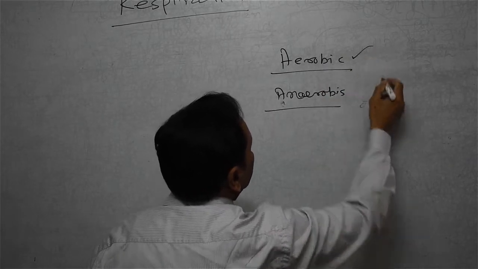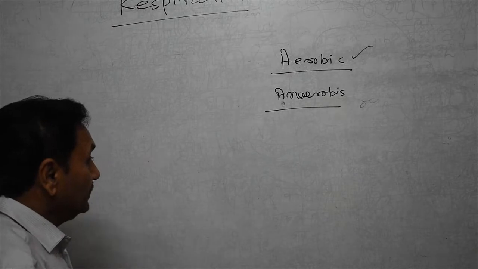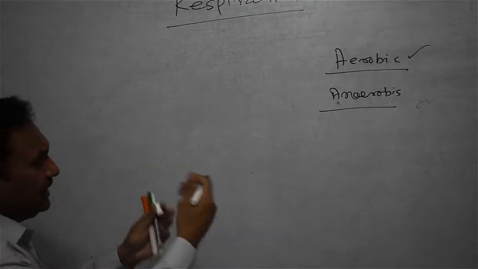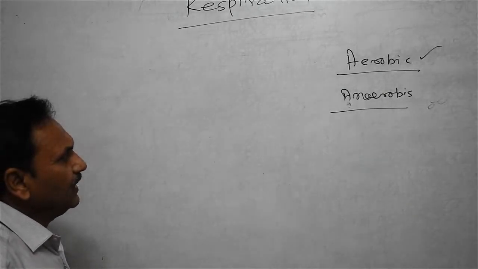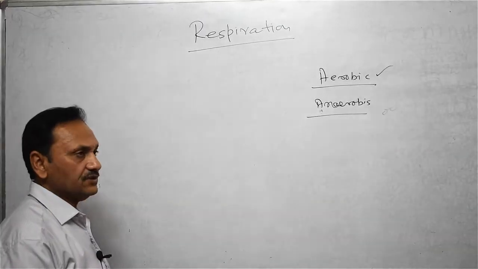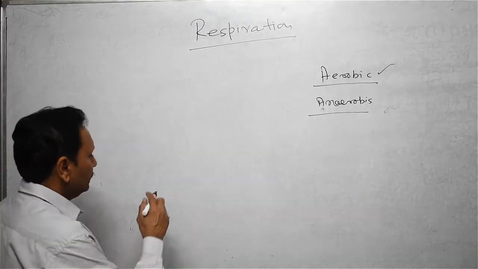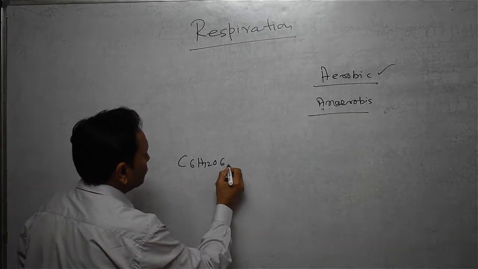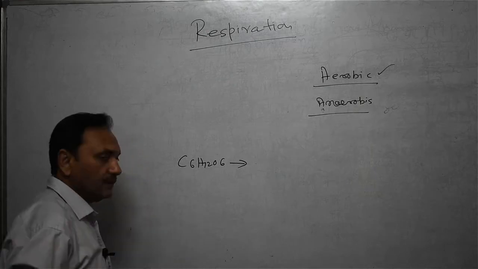It has been observed that in aerobic respiration, the food completely breaks down into energy, CO2 and H2O. Suppose the food is C6H12O6, that is glucose.